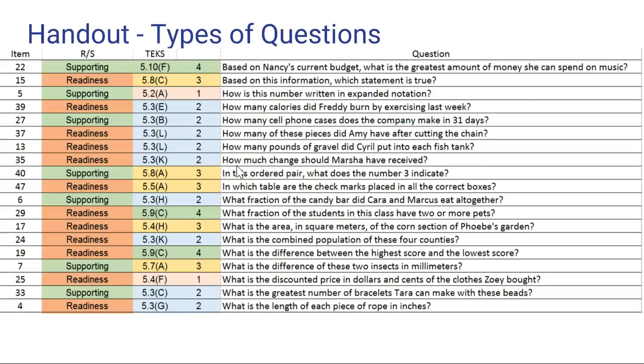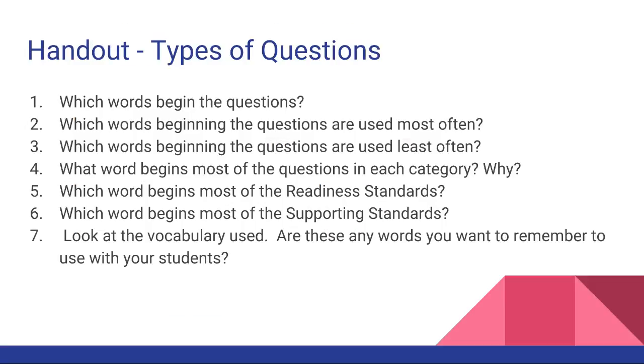So as you look at these things, you might want to look at these questions and see what kind of questions we ask more often on the 5th grade math test. You can pause this presentation now and look at that handout and analyze your questions, or you can wait till the end of the presentation to do that.